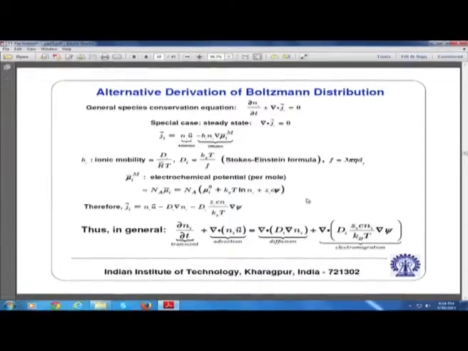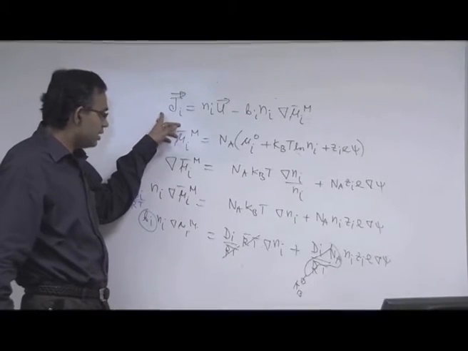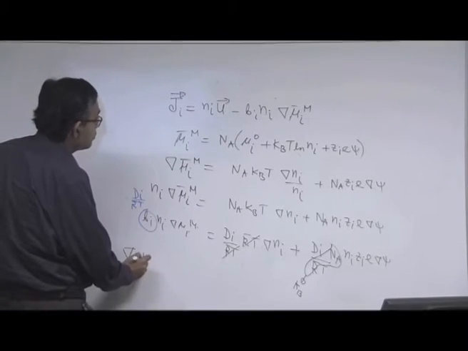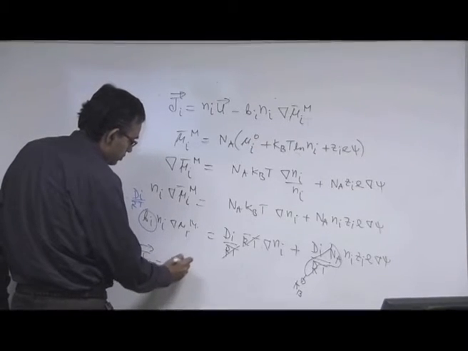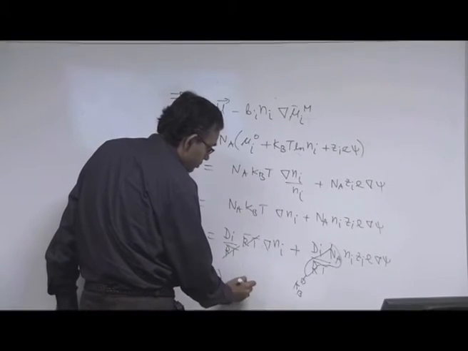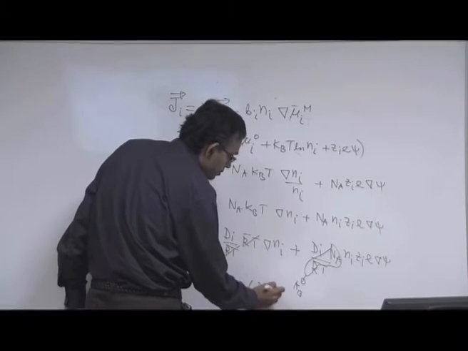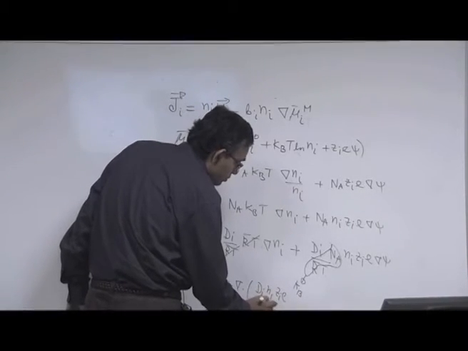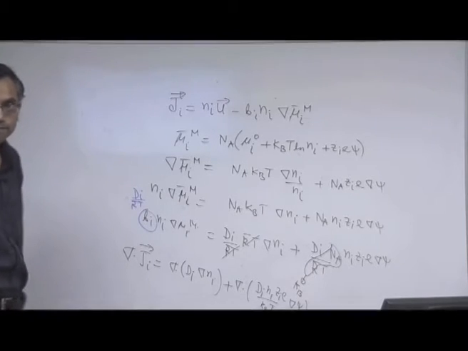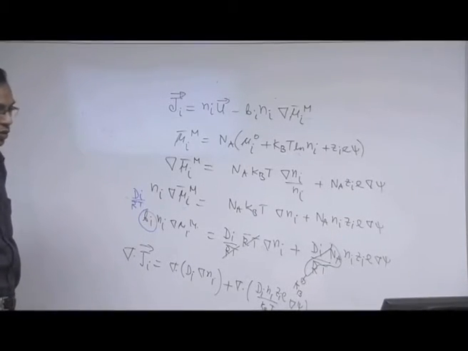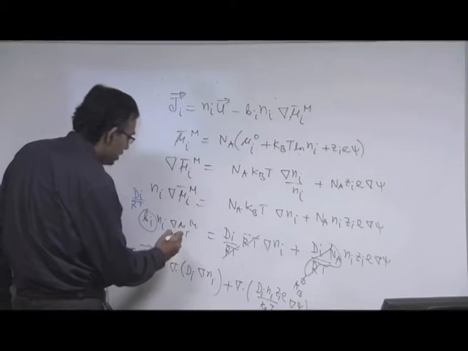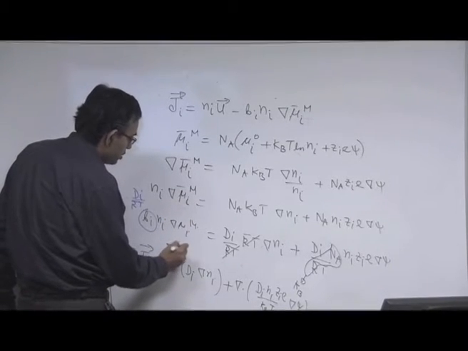So now when you take the divergence of J, you have also the first term, the advection term, del dot Ni u.